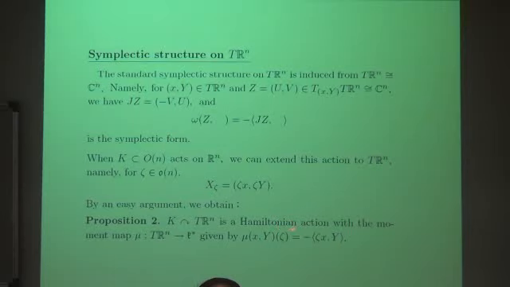So a Hamiltonian action has a moment map. And this moment map is a map from this tangent bundle to the dual of the Lie algebra of K. And the formula is very simple. And this is very classical physics. So when n equals 3, all of you know this is the moment map of phase space.